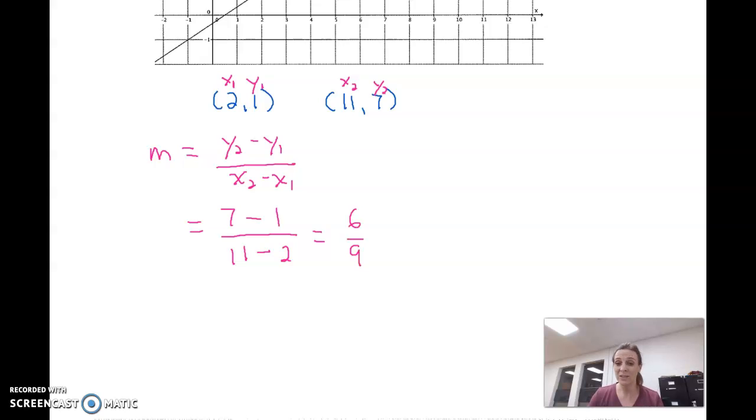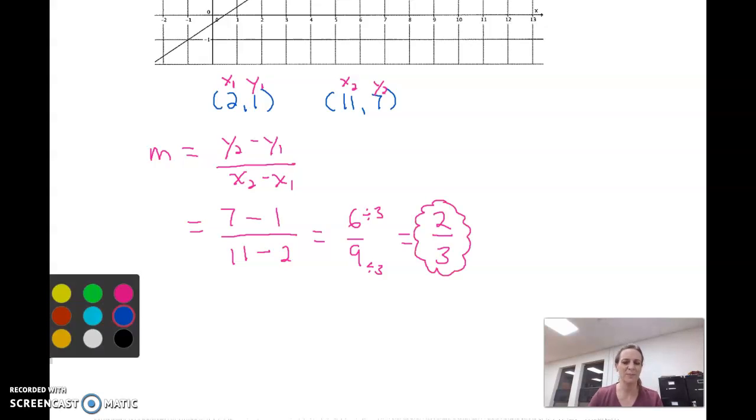Now, we can reduce that, and it's kind of important to reduce here. But I can't just divide 6 by 9, okay? That's going to give us a repeating decimal. But 3 goes into both of them, and I can divide them both by 3. So 6 divided by 3 is 2. 9 divided by 3 is 3. So our slope, our m, is 2/3.